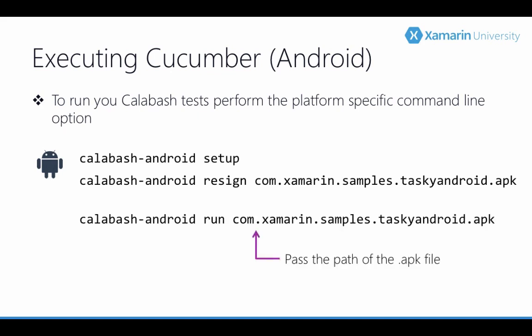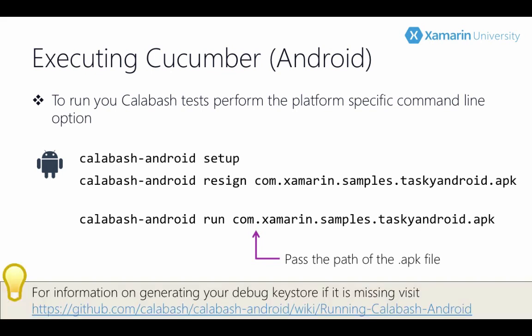And then to run the application, you'll use the Calabash Android run, passing in the APK option, to run the test against the APK, and the test should execute and you should see the scenarios run in your emulator. It should be noted for Android though, in order to execute tests, unlike iOS which launches the simulator for you, on Android you need to actually have a device or emulator running and connected to that machine.